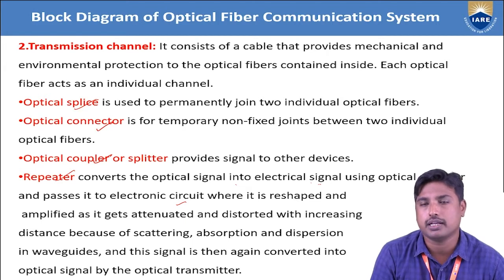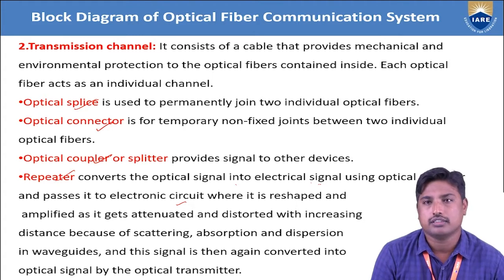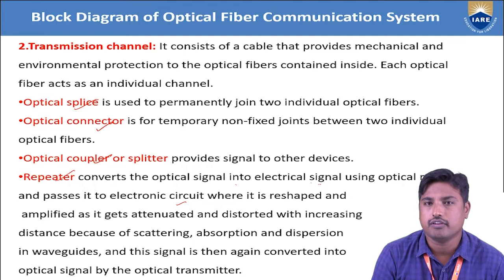The repeater converts the optical signals into electrical signals using an optical receiver and passes them to an electronic circuit where they are reshaped and amplified, as the signal gets attenuated with increasing distance because of scattering, absorption and dispersion in the waveguide.